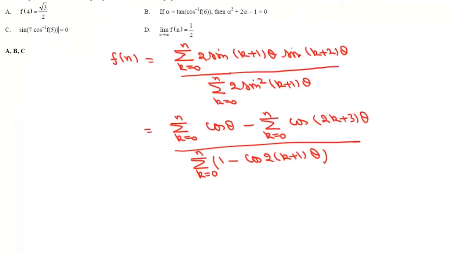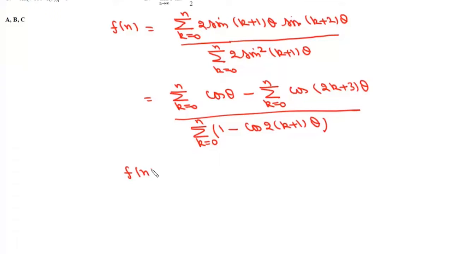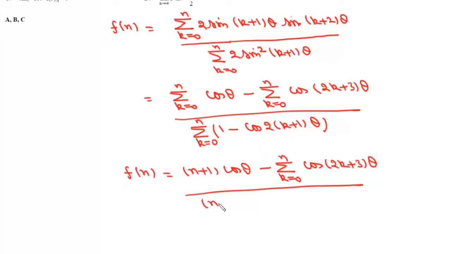So we can write f_n as (n plus 1) cos theta minus this summation, k varies from 0 to n, cos (2k plus 3) theta, upon this summation of 1, which will also be n plus 1, minus this summation, k varies from 0 to n, cos 2 into (k plus 1) theta. Now first we'll simplify these two summations.